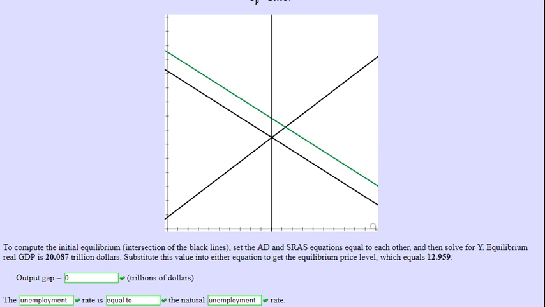Why is it demand-pull inflation? Because demand has been stimulated by some factor, in this case the stock market, which has pushed the demand curve out here because people feel wealthy. And as a result, we're in an unsustainable boom.